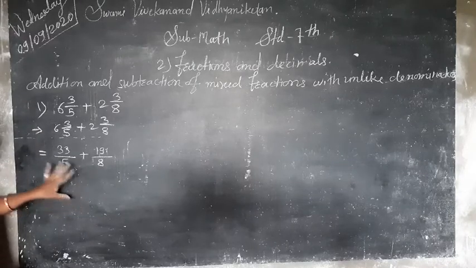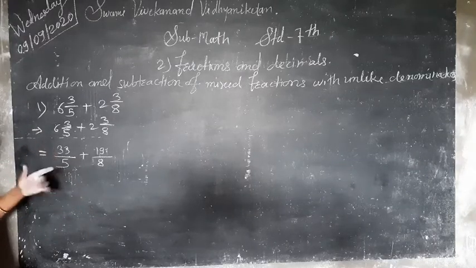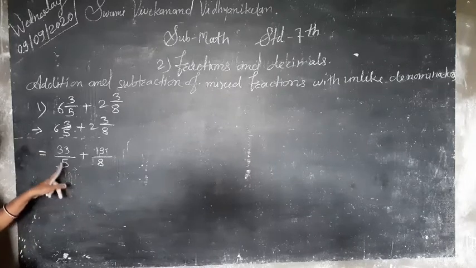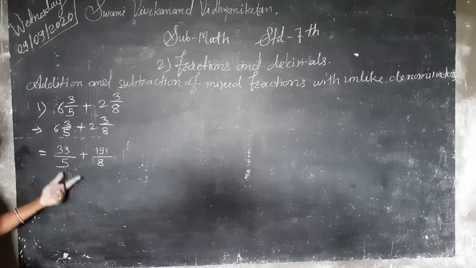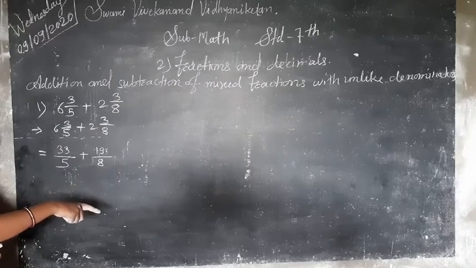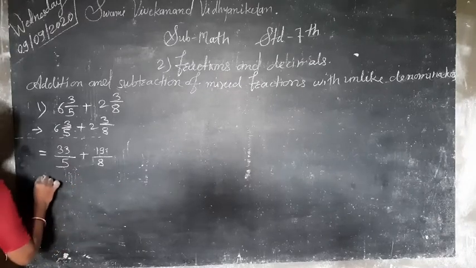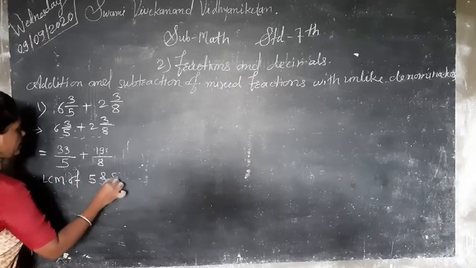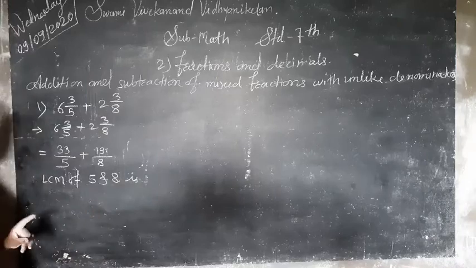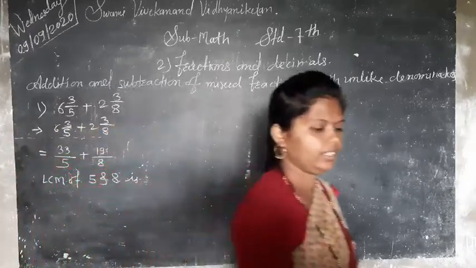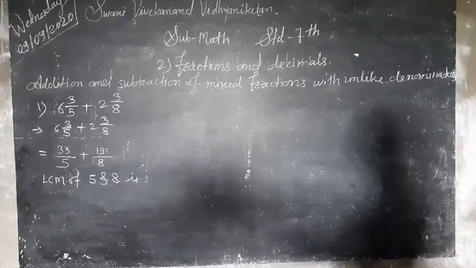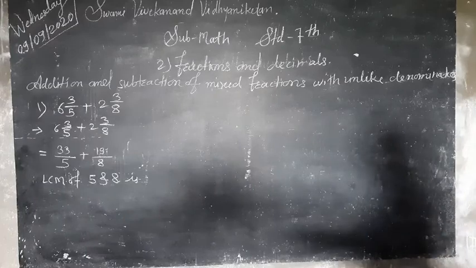Now you have the simple fractions, but these are also unlike fractions. So now you have to convert these unlike fractions into like fractions. Just before we solve the example, the LCM of 5 and 8 is... See, you have already solved such types of examples. Only one step is increased here, that is you have to convert your mixed fraction into a simple fraction.